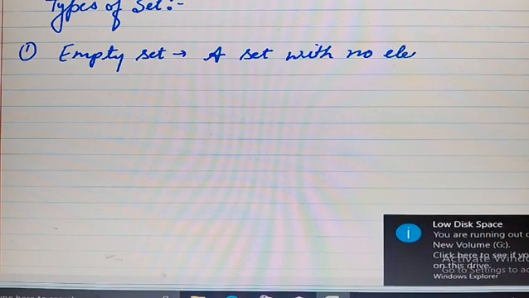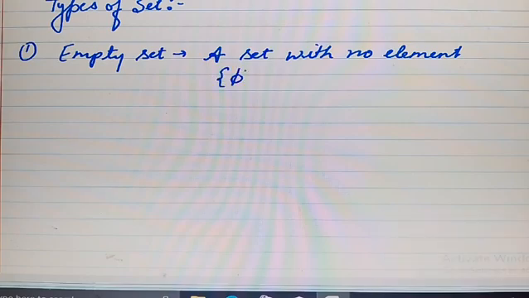It is nothing, just a set with no element, and it will be represented by phi. It is called phi.